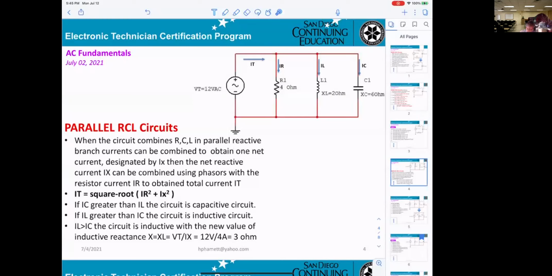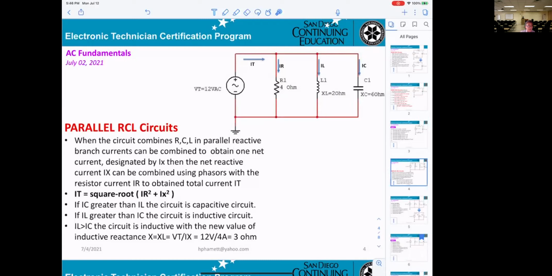If IC is greater than IL, the circuitry goes capacitive. And if IL is greater than IC, the circuitry goes inductive. So you can see that we have to remove one, either L or C, and you're going back to RL parallel circuitry or RC parallel circuitry. Okay.